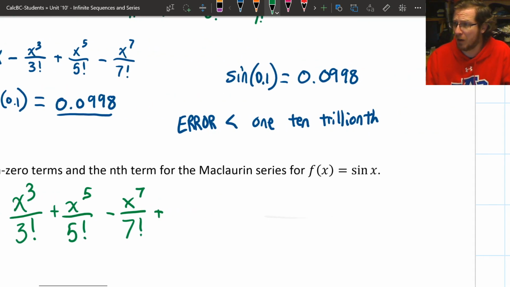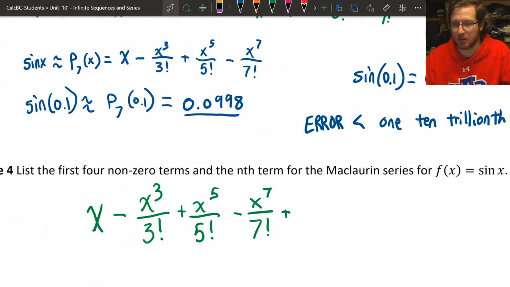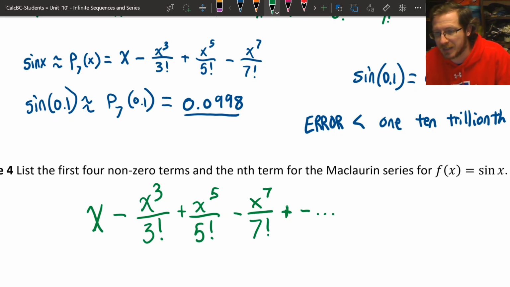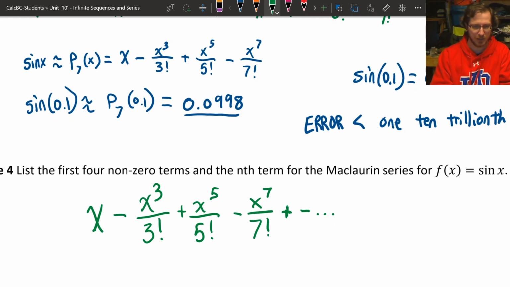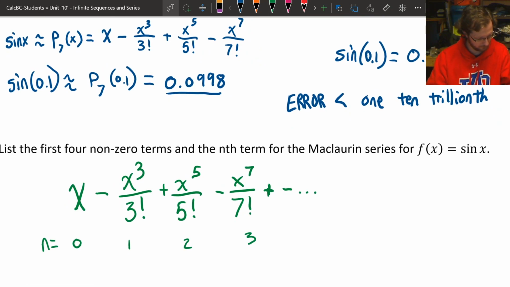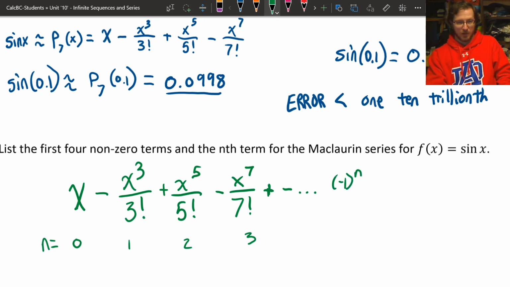It says also find the nth term. Okay, so plus, minus, and so on and so forth until we get to that nth term. All right, so here comes in our writing a rule from a list. If this is n equals 0, 1, 2, 3, then our rule is it's alternating, so we've got a little alternator in there, negative 1 to the nth power, and that lines up.